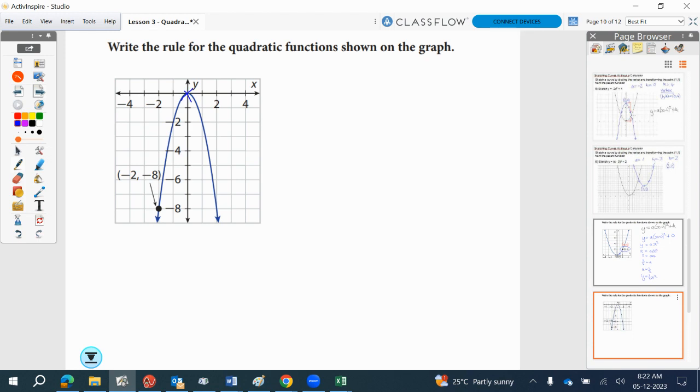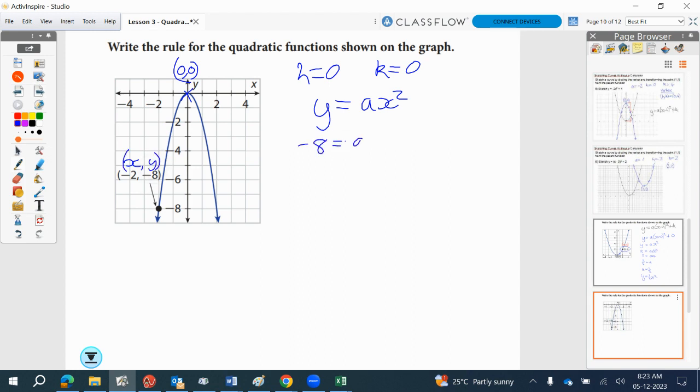What's the value of h and k? The vertex is at 0, 0. H equals 0, k equals 0. Y equals ax squared again. This is an x value, this is a y value. Put these into the function.